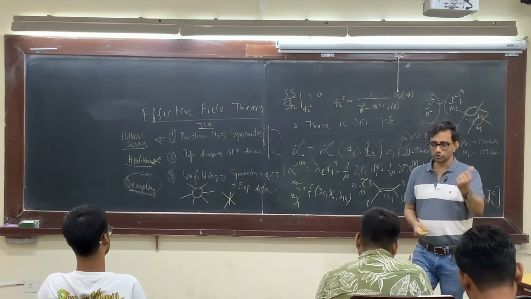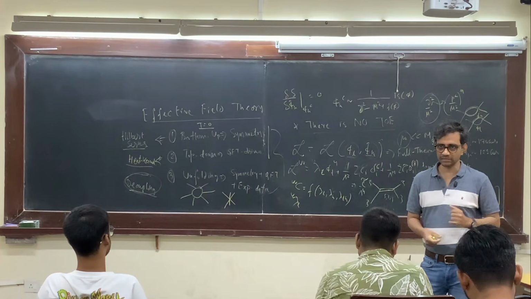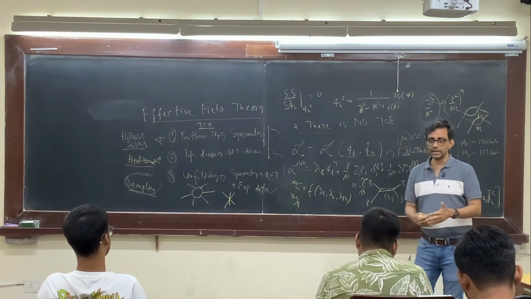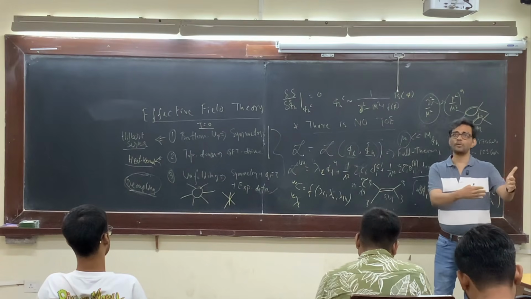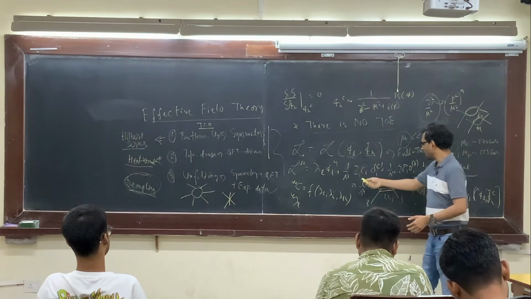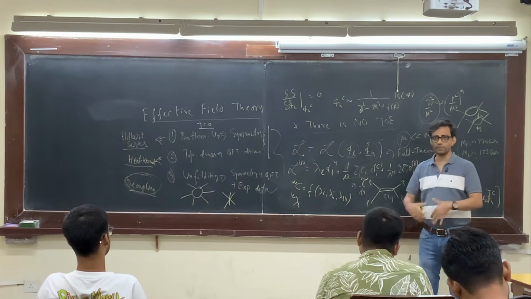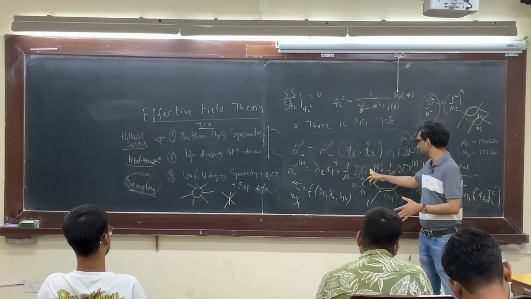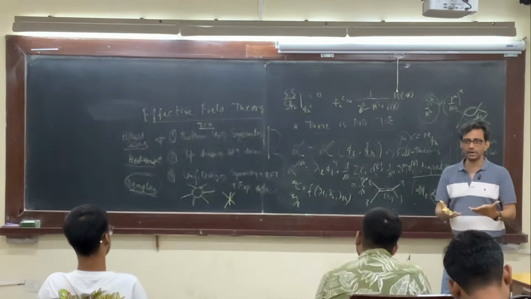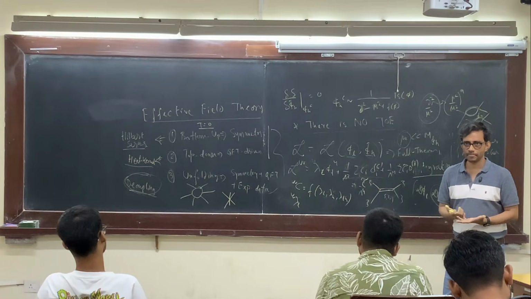That means you cannot cancel their divergences with counter terms. So that's why, when you have to renormalize the effective field theory, you have to add a complete set of operators initially. Whatever dimension 6 operators appear belong to this set, because this set is complete and exhaustive, so there is no lack of counter terms to cancel those divergences.